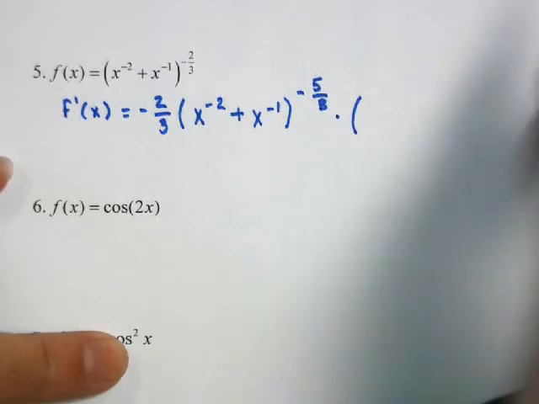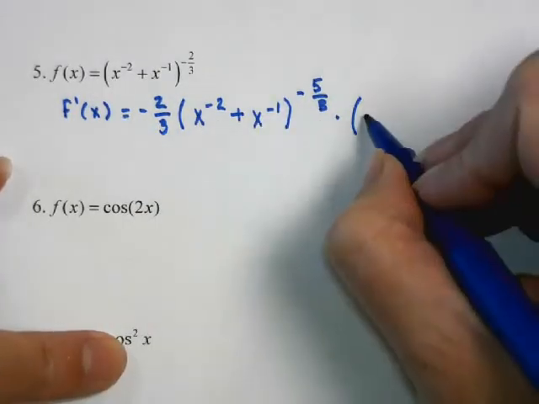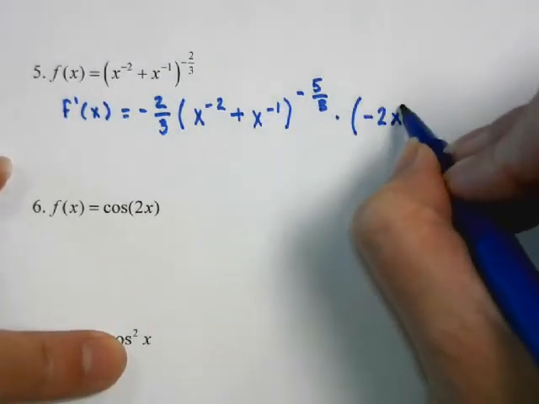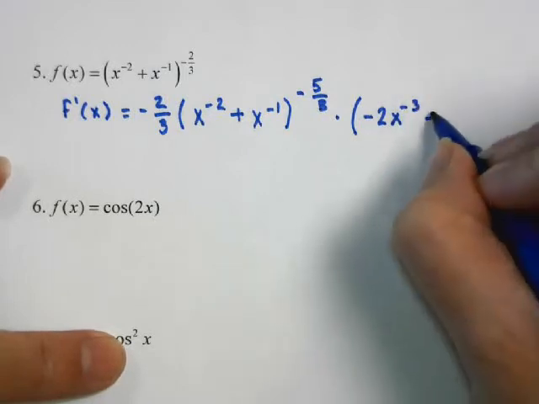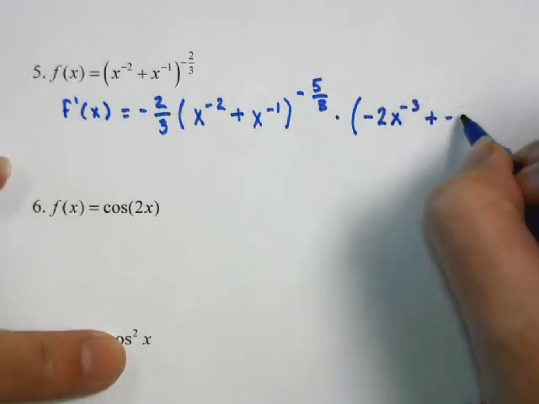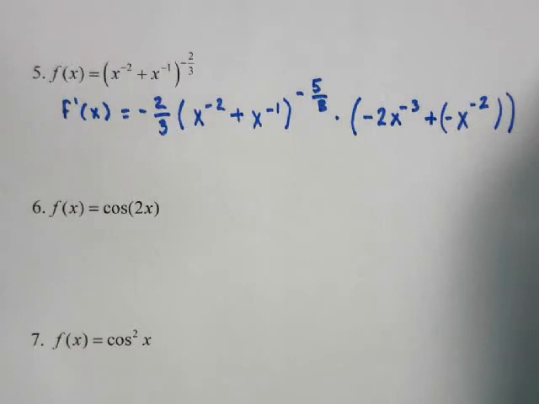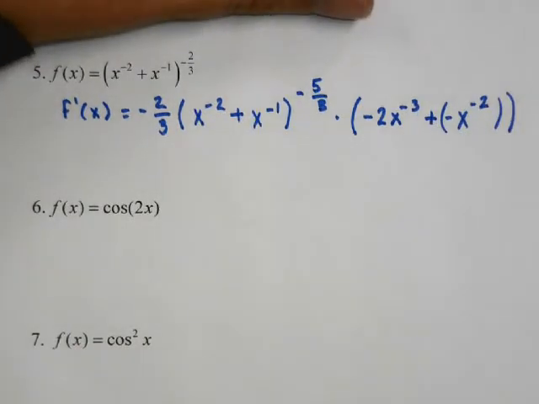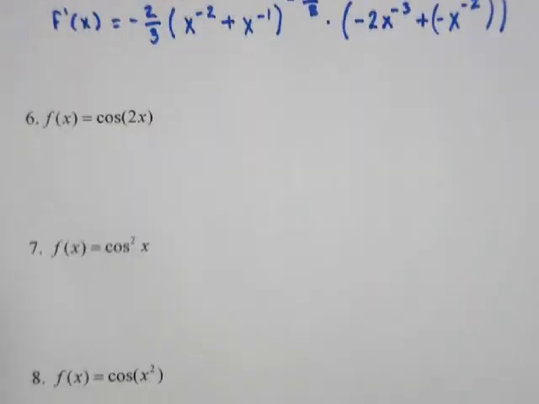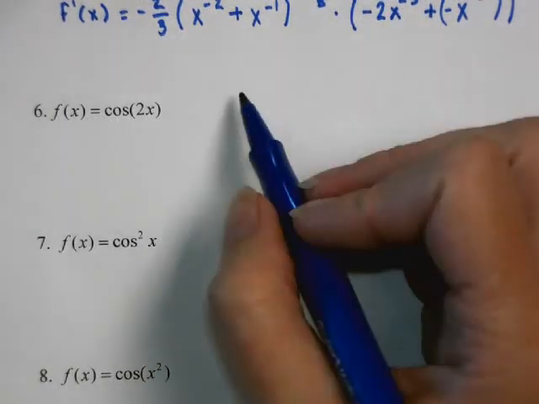Then I'm going to multiply this by the derivative of the inside, which is going to be negative 2x to the negative 3, because we're going to subtract 1, plus a negative 1x to the negative 2. Let's put that in parentheses. And you could just say minus x to the negative 2 if you wanted to there. Okay, cosine 2x.